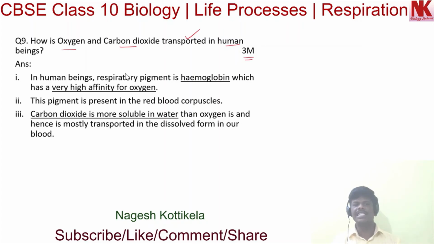In human beings, the respiratory pigment is hemoglobin, and this hemoglobin has a very high affinity for oxygen, so it transports oxygen. Hemoglobin combines with oxygen and forms oxyhemoglobin. This is how oxygen is transported to different parts of the body.